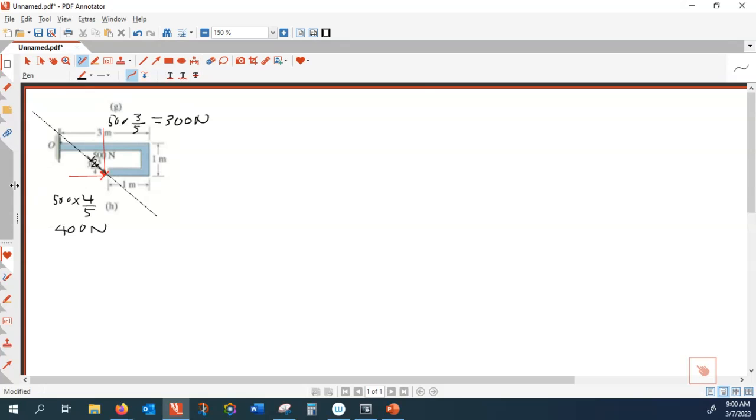Nguyen? 1, is it? Let me show you. I extend this one, that's a line of action for this, and then from point O, I draw a normal to this one. That's the shortest distance, isn't it? So the shortest distance from here to here is 1 meter. Can everyone see this?